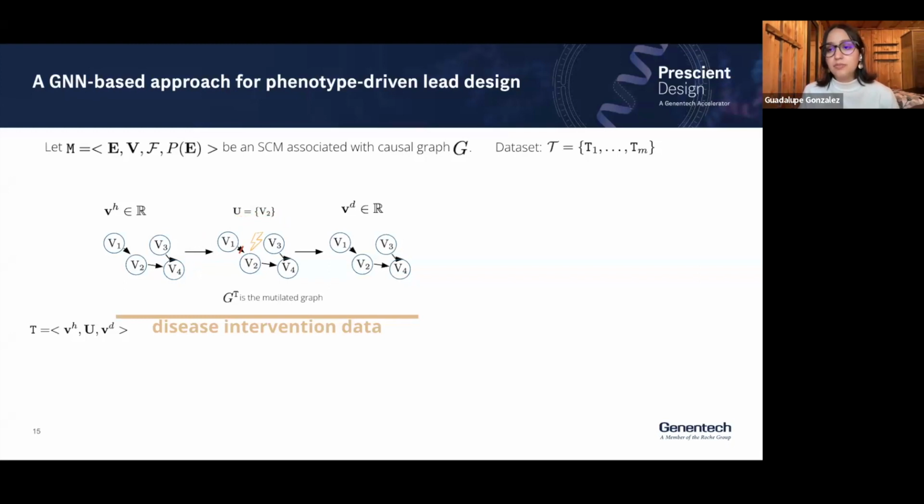So, for example, if it's cancer, like a specific type of cancer, this would be the cancer driver genes for that specific type. And that leads to the disease node state, so V super index B. And here, G super index P for the tuple is the mutilated graph upon this intervention. So this is the disease mutilated graph.